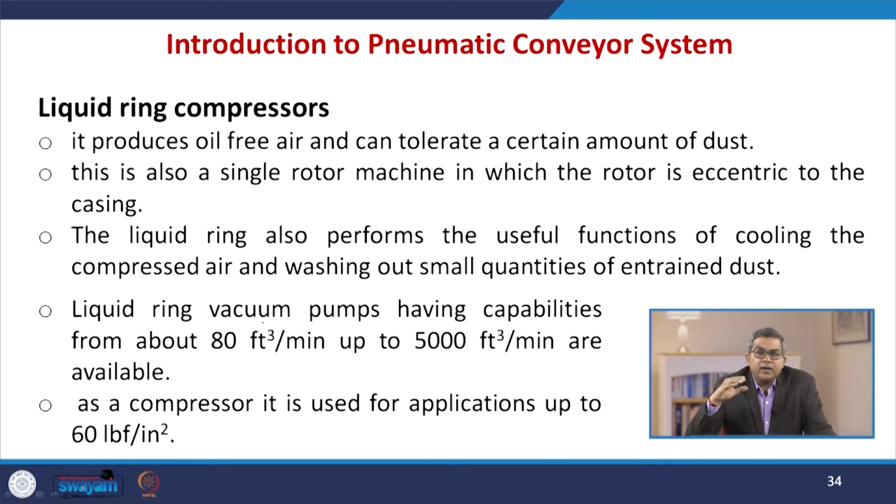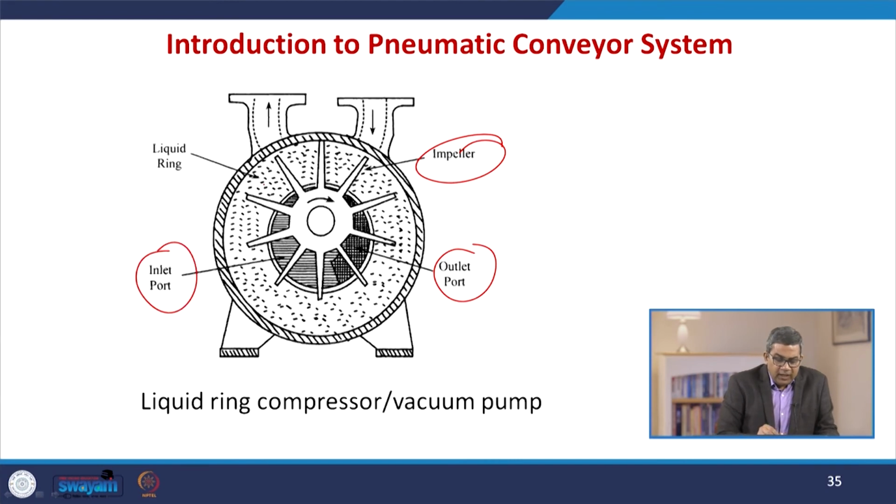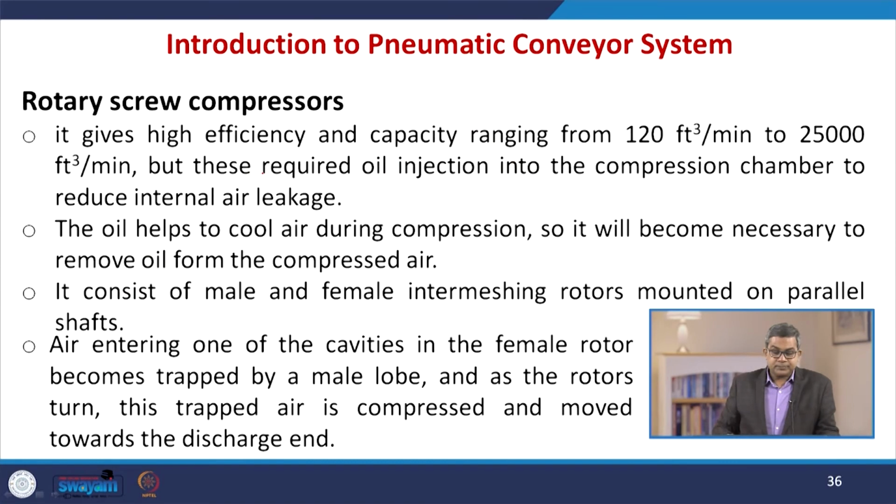Liquid ring vacuum pumps are available with capabilities from 80 cubic feet per minute up to 5000 cubic feet per minute. As a compressor, it is used for applications up to 60 pounds per square inch. Here you see the liquid ring compressor, with integral parts like the impeller, outlet port, inlet port, and the most important, the liquid ring.